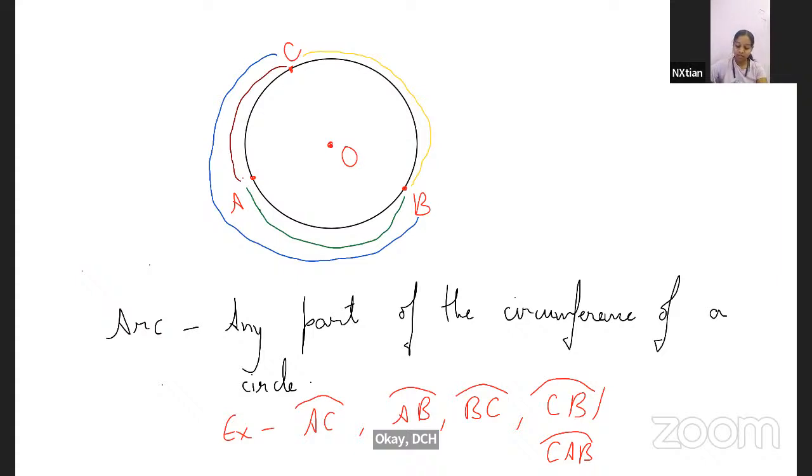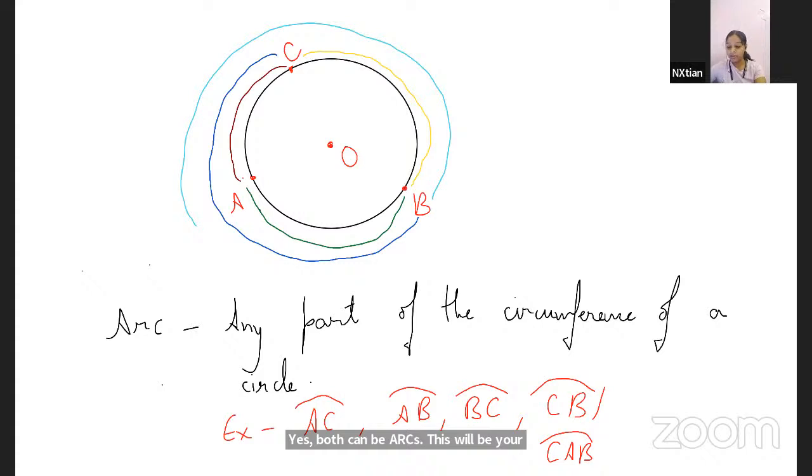CA or CBA? BCA or CBA, yes, both can be arcs. This will be your BCA, from B to A, and CBA will be from C to B. I marked CAB, the arc CAB. Yes, so all of these are arcs of a circle.